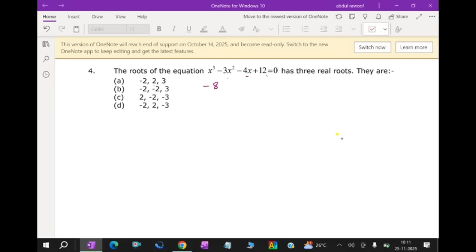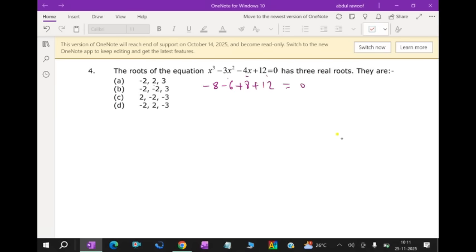Then minus 2 square is plus 4, then minus 6, then minus 4 into minus 2 is plus 8, and plus 12.